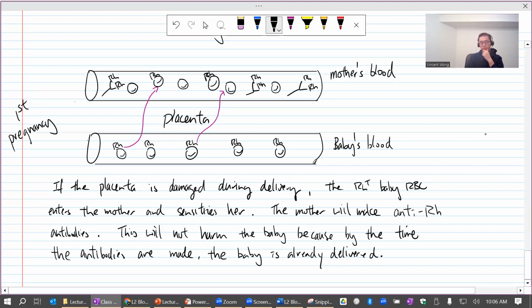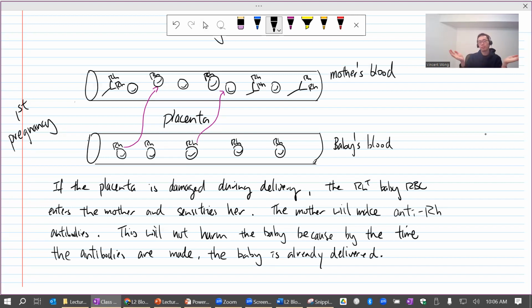Quick question, sir. Is it possible for the placenta to get damaged while the baby is still in the womb, maybe like at 7 months of pregnancy? Yes, sometimes this could happen in the second trimester or third trimester, and in that case it will be a problem for the baby, so interventions will be needed.